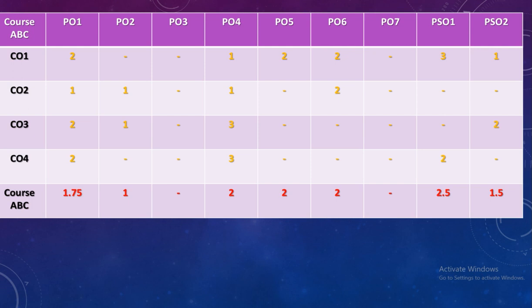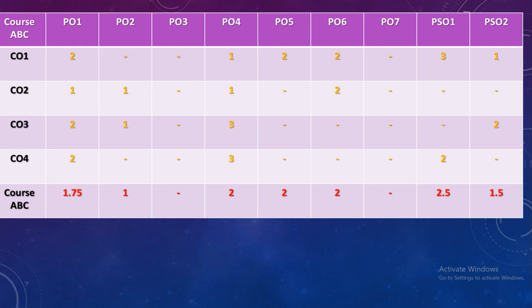So once again, we go back to the course and PO mapping. From breaking up the course into different COs and assigning values, we are in a roundabout way coming up to the mapping of the course against all the POs and PSOs.